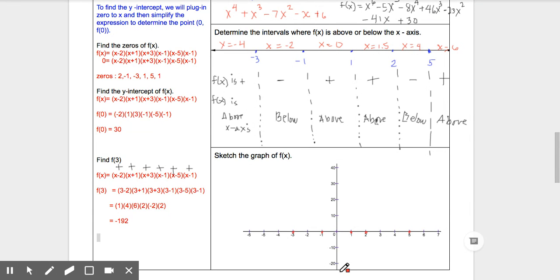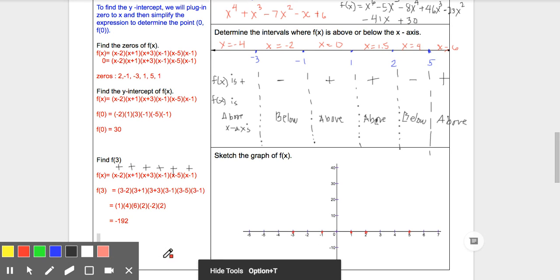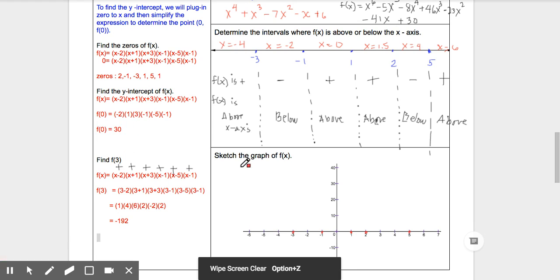So we can think of 2 points lying on top of each other right here at x equals 1. All right, so we can also put the y-intercept. The y-intercept is positive 30, so it's going to be right here.